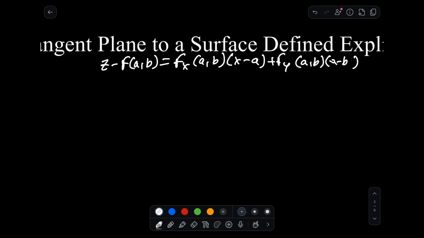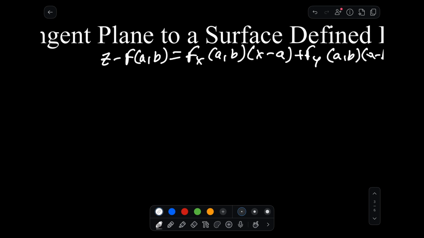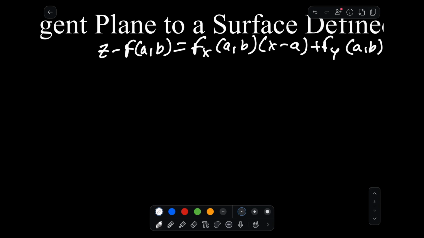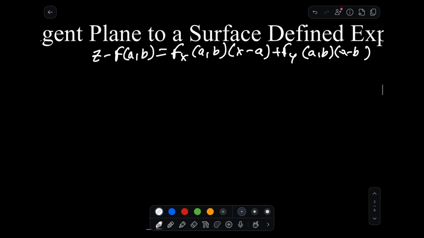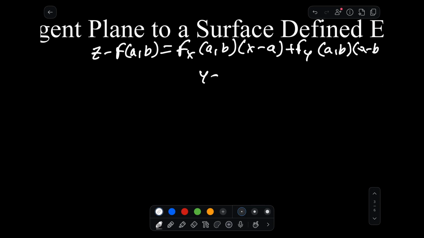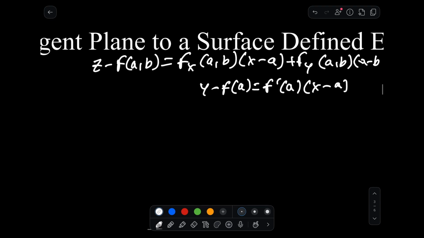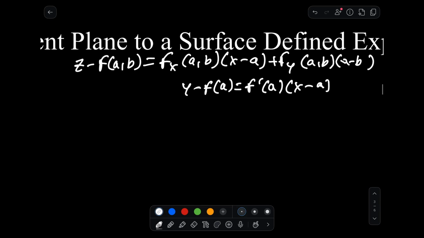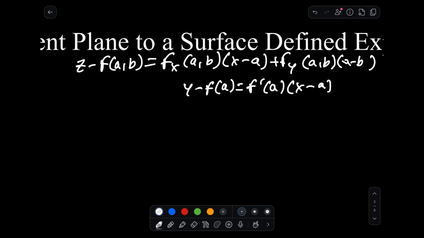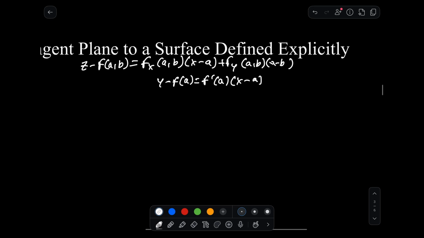If you think about it, this is kind of similar to how you would write point-slope form for an explicitly defined curve in 2 dimensions, where you would have y minus f(a) equals f prime of a times (x minus a). The only thing you're adding now is that y component as well, because it's a multivariable function. It's not just of x, it's also of x and y.